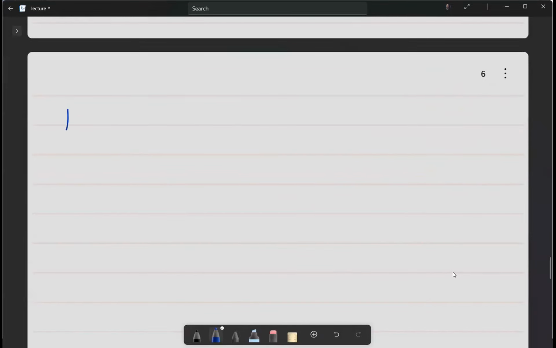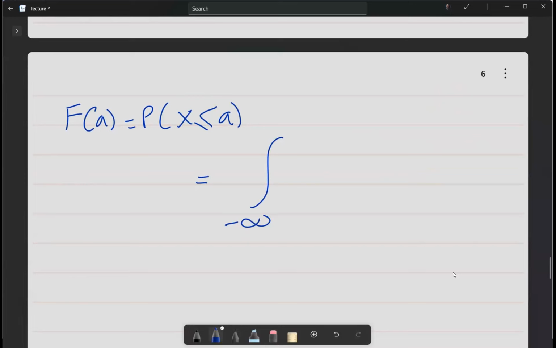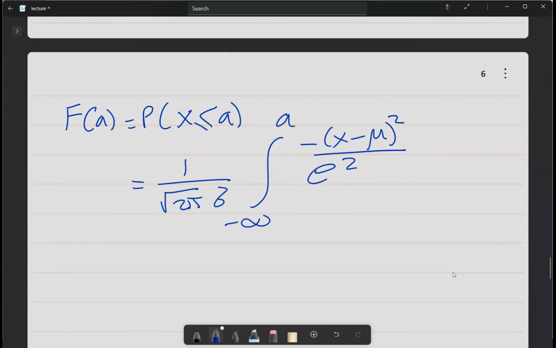F of A is the probability that x is less than or equal to A, and this equals the integration from minus infinity up to A of 1 divided by square root of 2 pi sigma. Those are not functions of x, so we can take them outside the integration. Then we have e to the power minus x minus mu squared divided by 2 sigma square, dx.